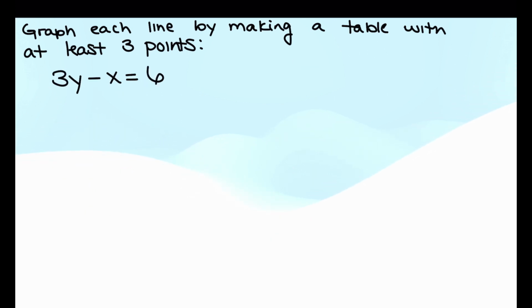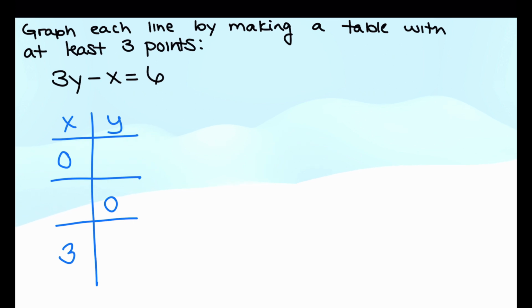All right, here's another example. I have the equation 3y minus x equals 6. I'm going to create a table of values, and I'm going to plot at least 3 points. I can pick any numbers I want for either x or y. And in this case, my equation isn't solved for one letter.